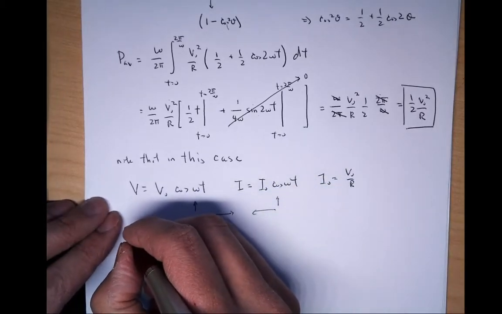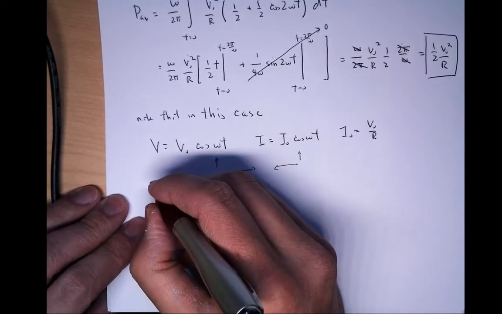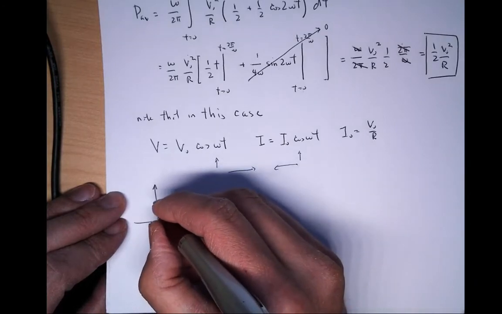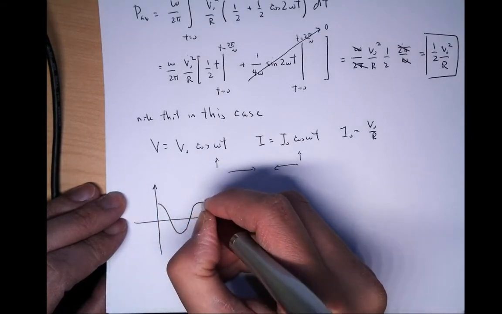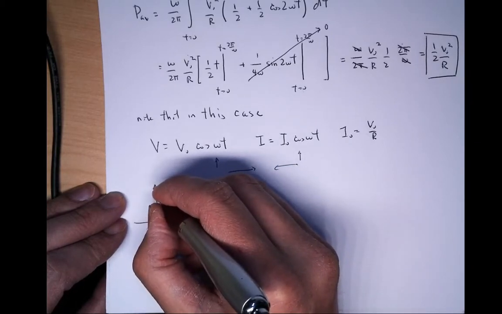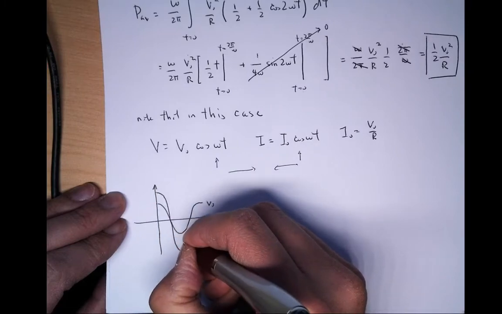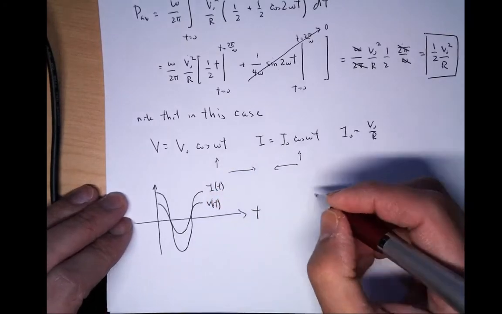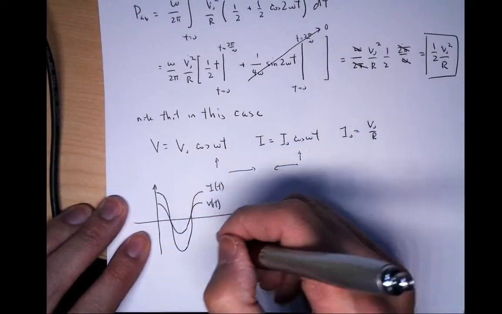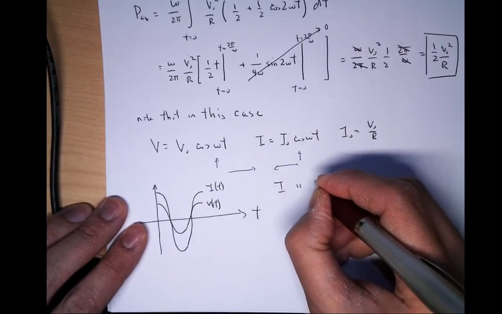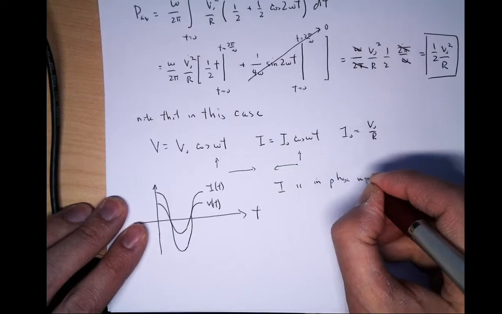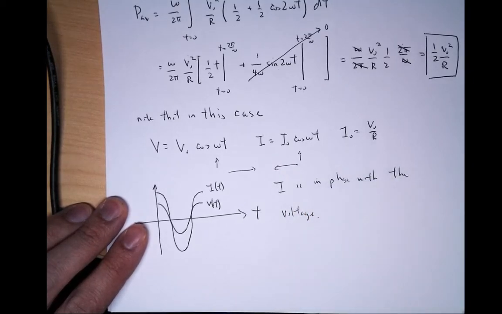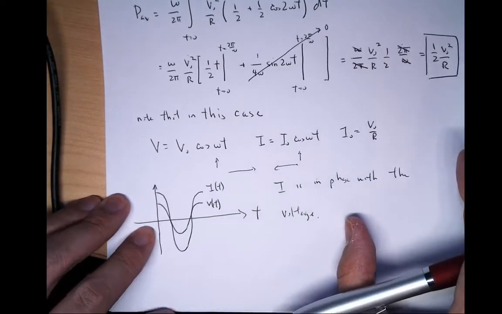So if you plot them as a function of t, this might be V0, and this might be I, and V of t. These are basically in phase with each other. So I is in phase with the voltage, right? For other systems, it's not going to be true.